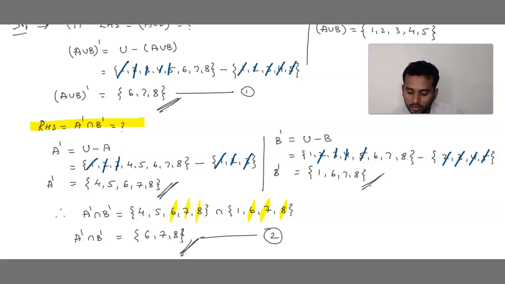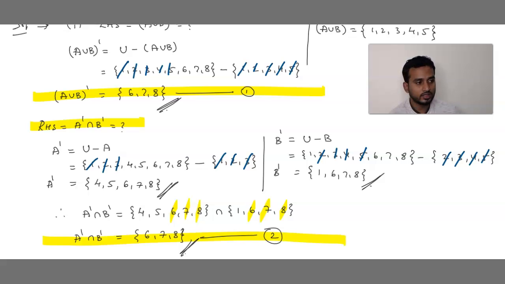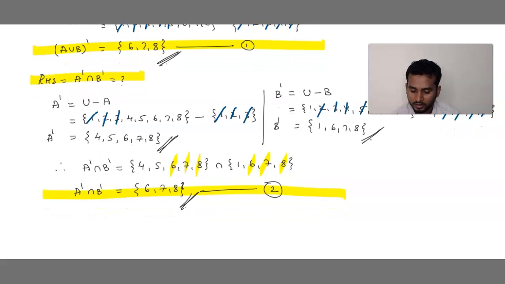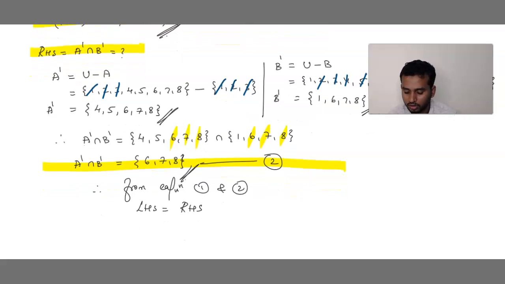Now can you see the main answers? What is equation 1? 6, 7, 8. What is equation 2? 6, 7, 8. Right? Yes. So now we can say that therefore from equation 1 and 2, LHS is equals to RHS.